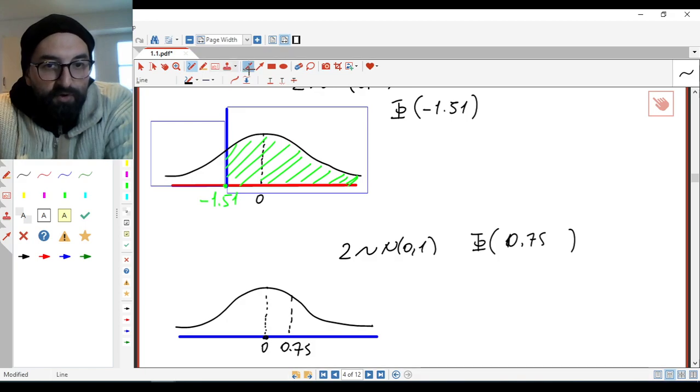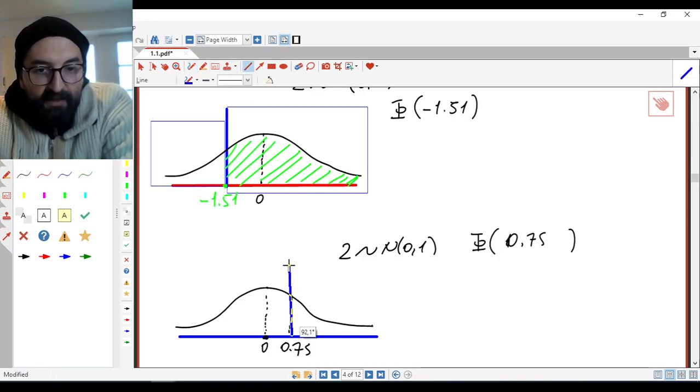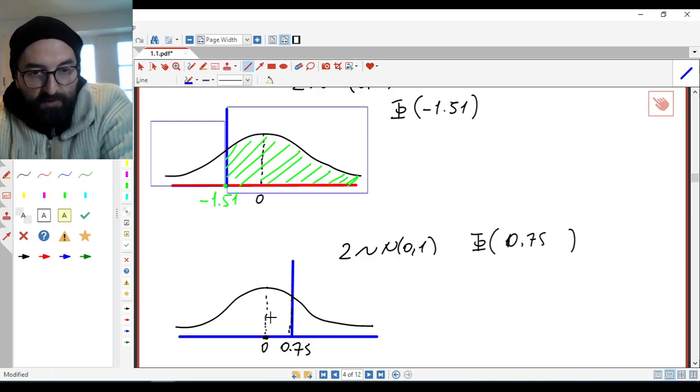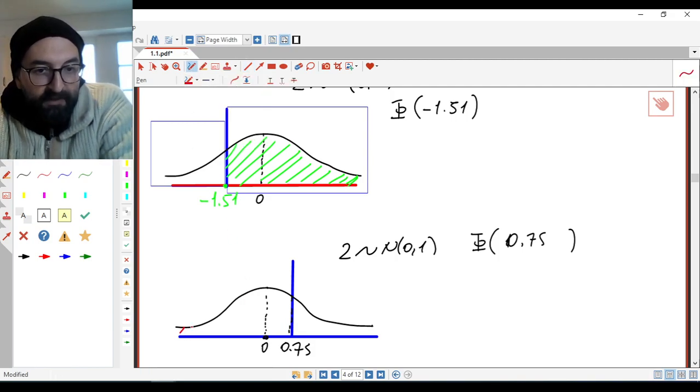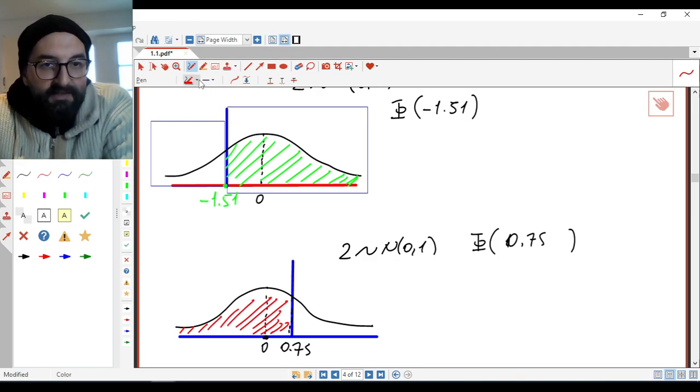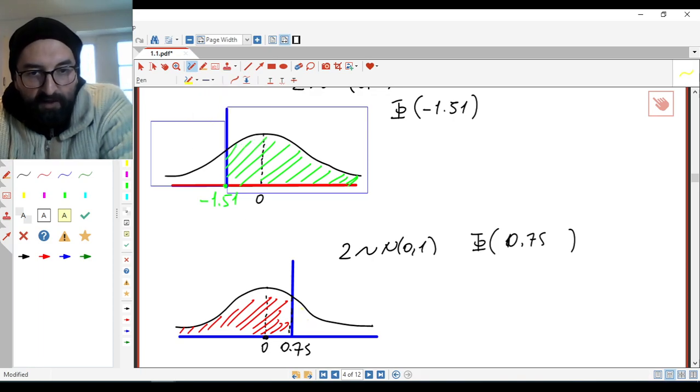And if you draw a line, this line separates the curve into two parts, and you can see the big area and the small area. The big area is this red one, and the small area is the yellow one.